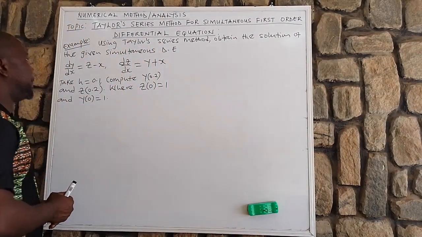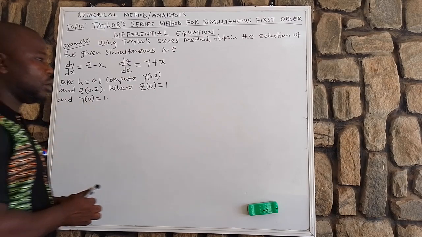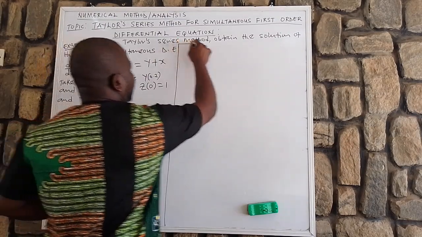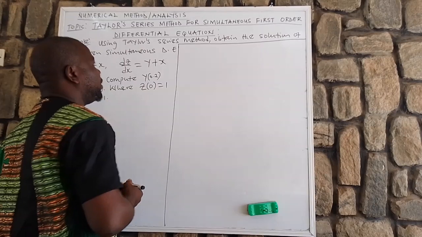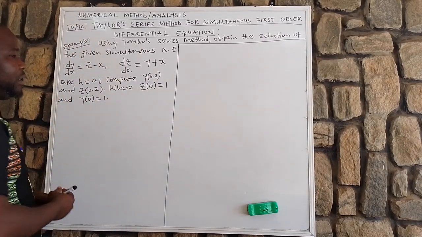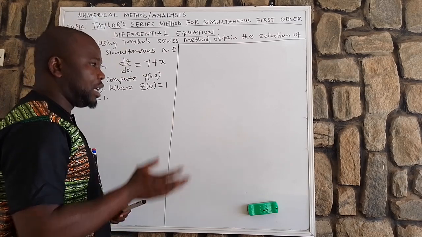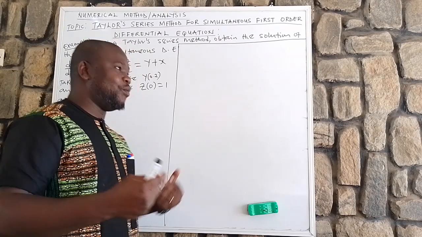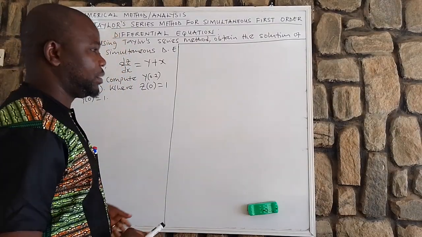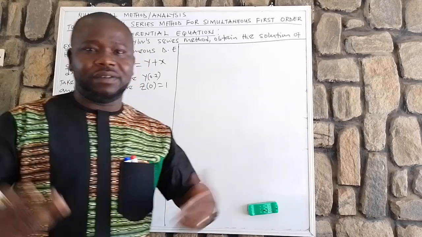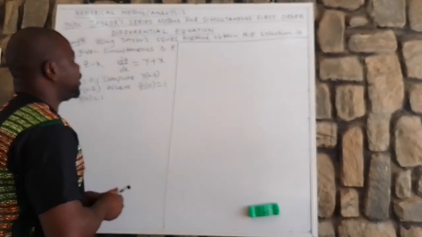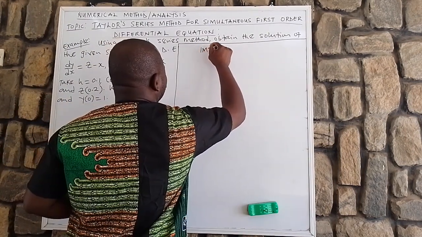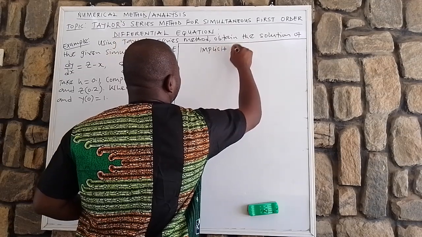Okay. So now, before we consider this, let us go back to calculus. If you don't know calculus, it will be difficult for you to look at problems of this kind. But let me just refresh your memory so that when we are solving this problem, you won't find it difficult. So let's consider what is meant by an implicit function.